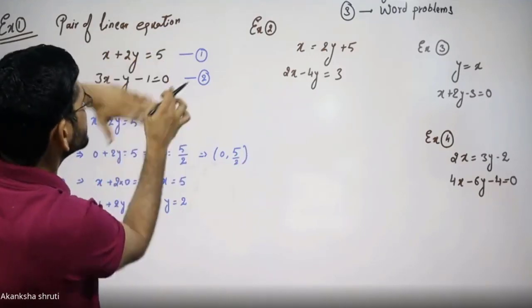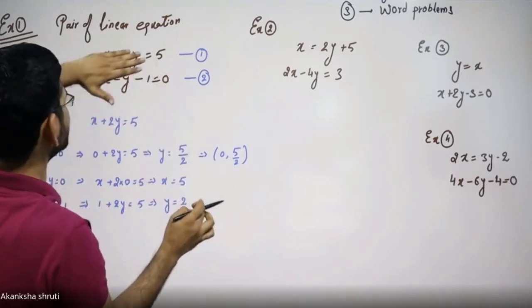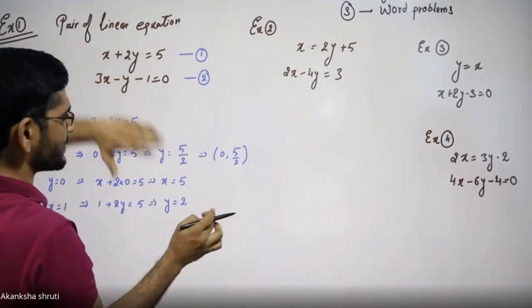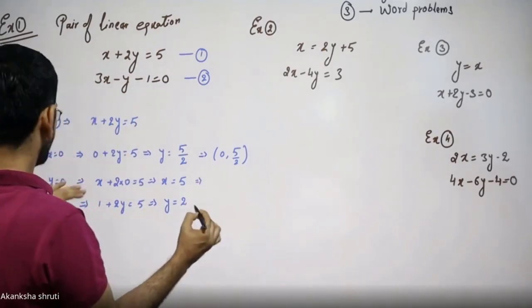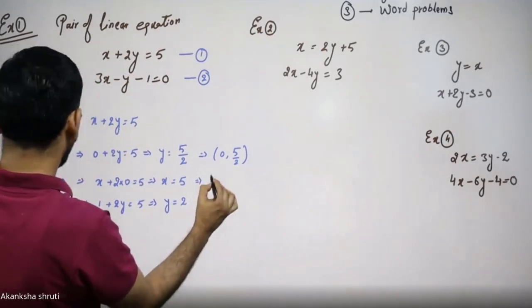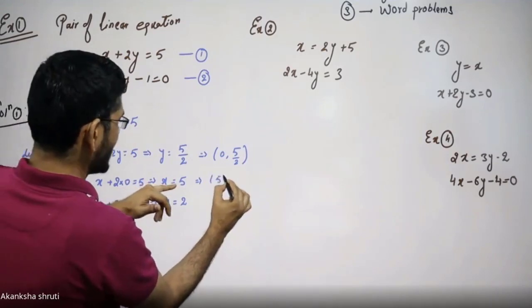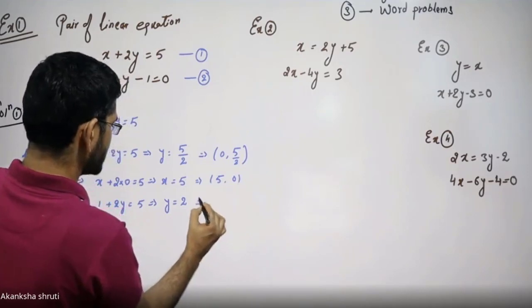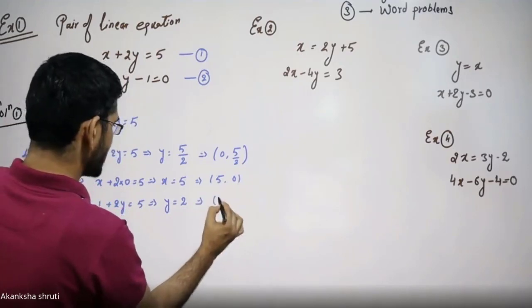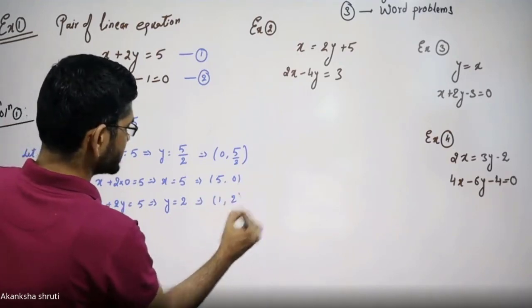Okay, students? Not yet for the second. We are dealing with these two equations separately for drawing the graph. From the second trial, our x value is 5, so write this 5 first and y as 0. From the third, x as 1, y as 2.